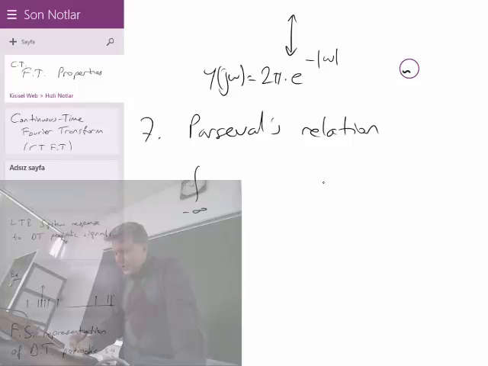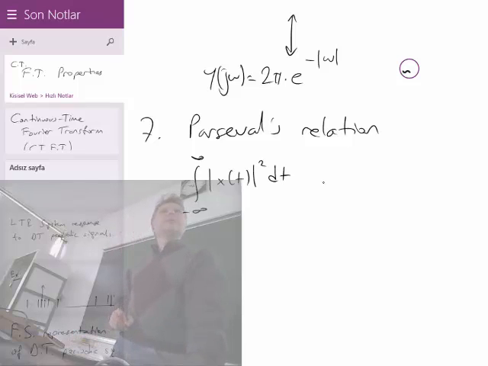The energy of our signal in the time domain is this. For the power, the calculation is quite similar. All you have to do is evaluate the integral within one period, and normalize by the period: 1 over T times the integration within a period of absolute value x of t squared.